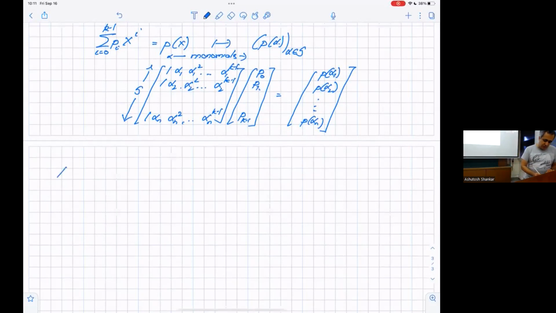Any code that matches the Singleton bound is going to be called what we call a maximum distance separable code, you might have heard this name. MDS code.